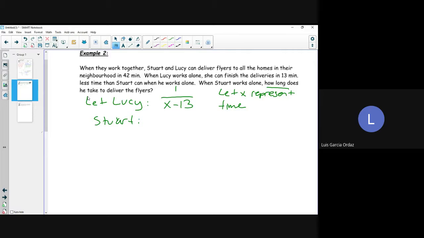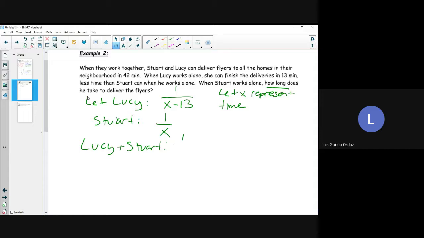So if Lucy is 1 over x minus 13, what is Stuart? Do we have any conditions on Stuart? Is he slower, faster, or is he just the reference point? It's just a reference point. So it'll just be 1 over x. And the question also says, when Lucy and Stuart work together, it's 42.